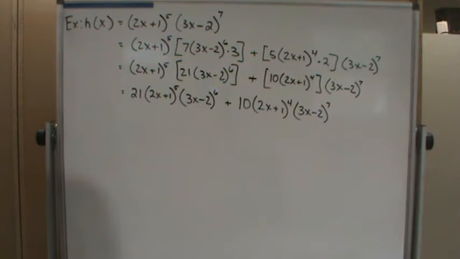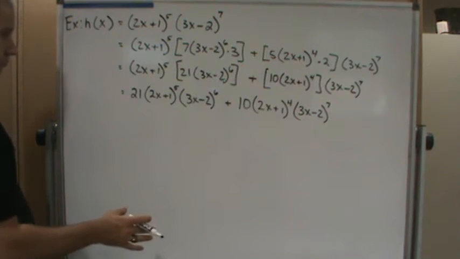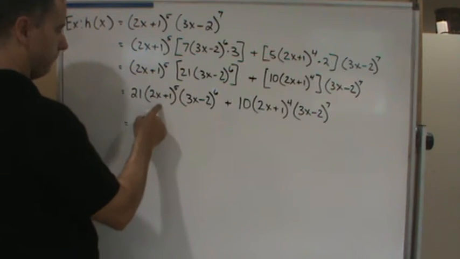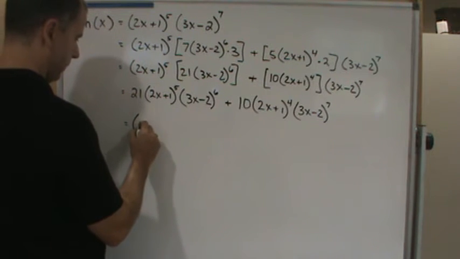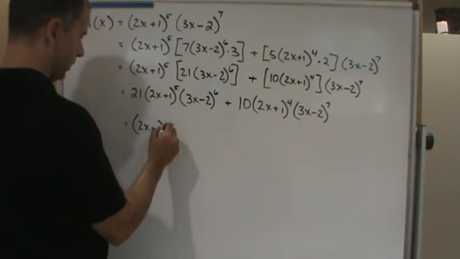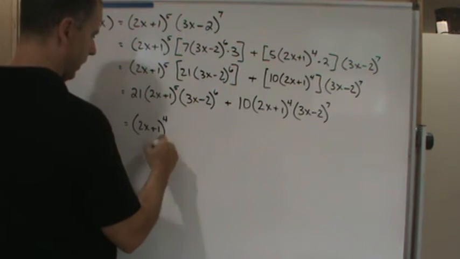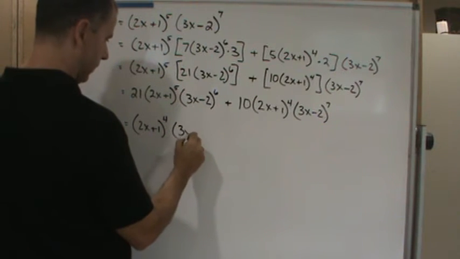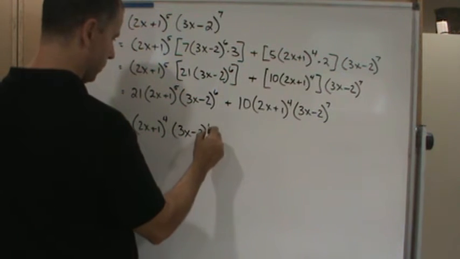And so now we've got common factors, where we can factor. So we're going to factor out 4 of these, (2x + 1) to the 4th, and then we're going to factor out 6 of these, (3x - 2) to the 6th.